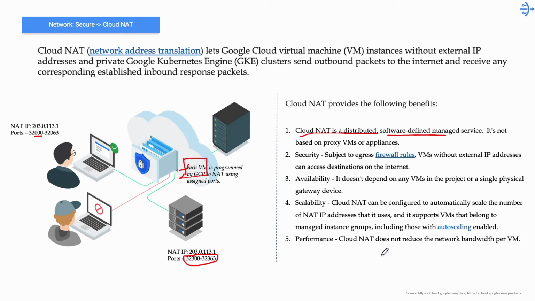And performance, because it does not depend on a VM, it does not reduce the network bandwidth per VM. It's a software managed service, so it just scales on demand.